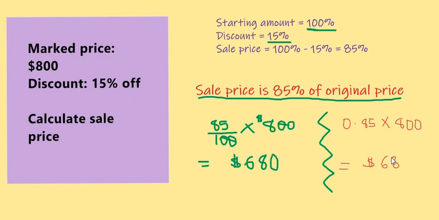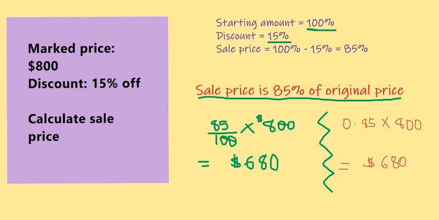So let's recap, students. When we're finding a discount, the original amount or the marked price will be reduced. When we reduce the original price, we take away the discount value, or we reduce the percentage. So if a discount is 15%, we're going to take away 15% from 100%. If the discount value is 25% or 23% or 8%, we take away that percentage from our original 100%.